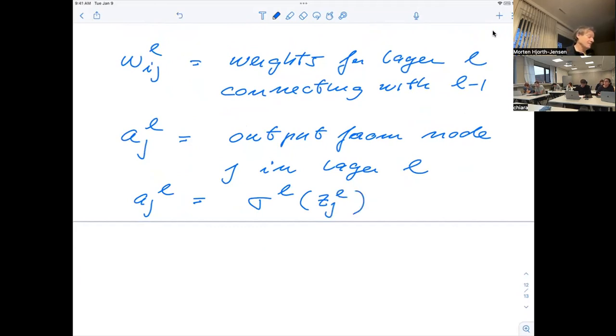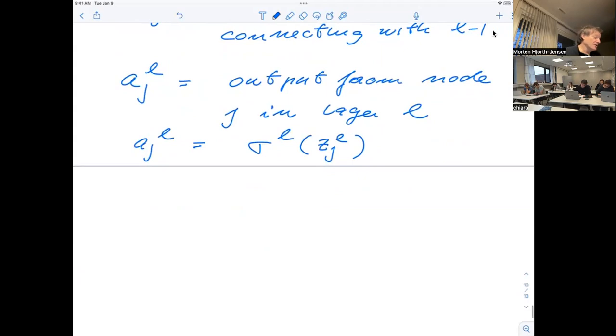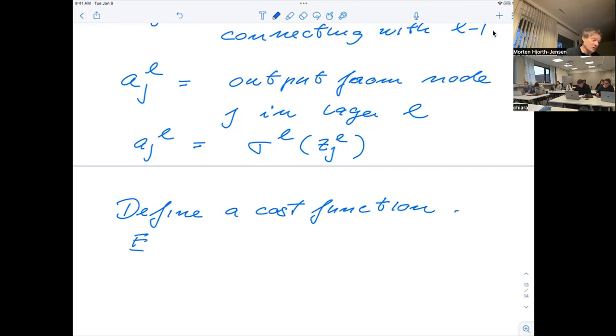Then what we can continue with is to define a cost function. And this cost function is a function which then depends on a typical problem which we have. So the example which I'm going to look at now when I derive the backpropagation algorithm is just a mean squared error.